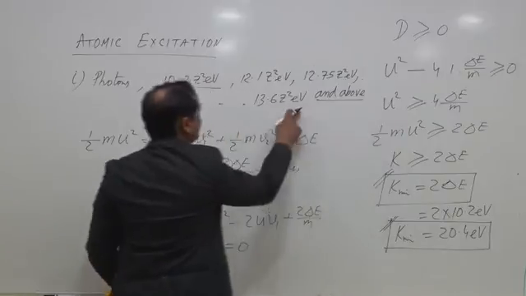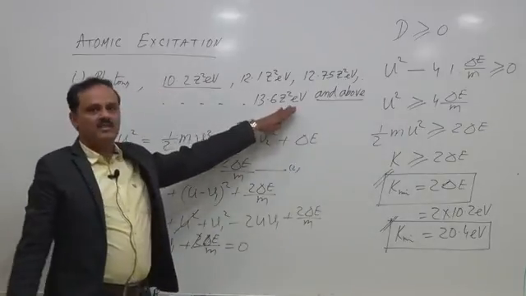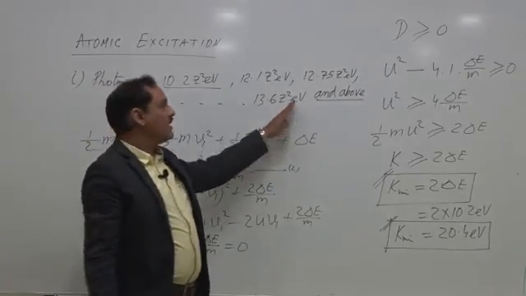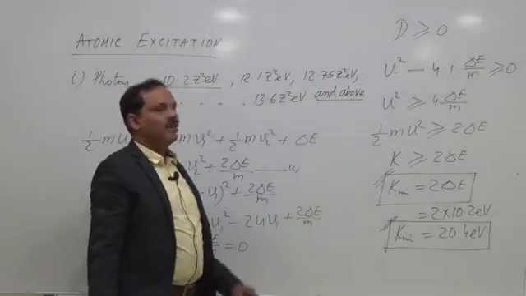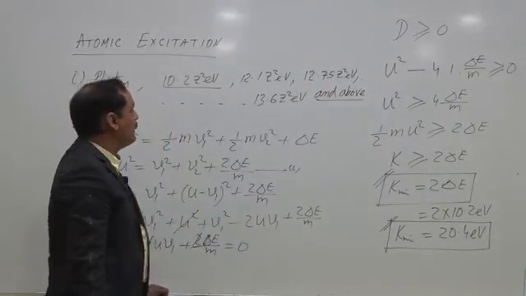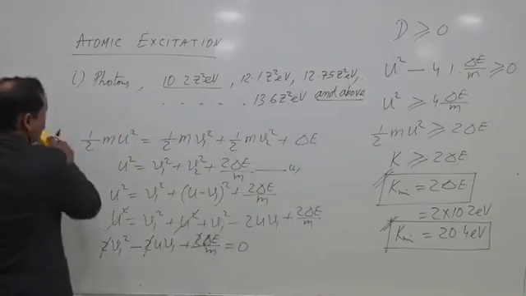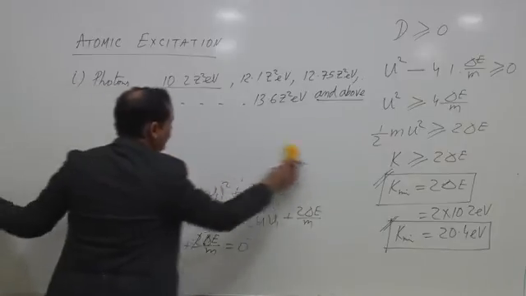All energies above 13.6 Z square electron volt are possible, because only up to this much energy the atom is in a bound state. After that there are free states, so at free states all energy levels are possible. So these are the excitation energies by absorbing photons.